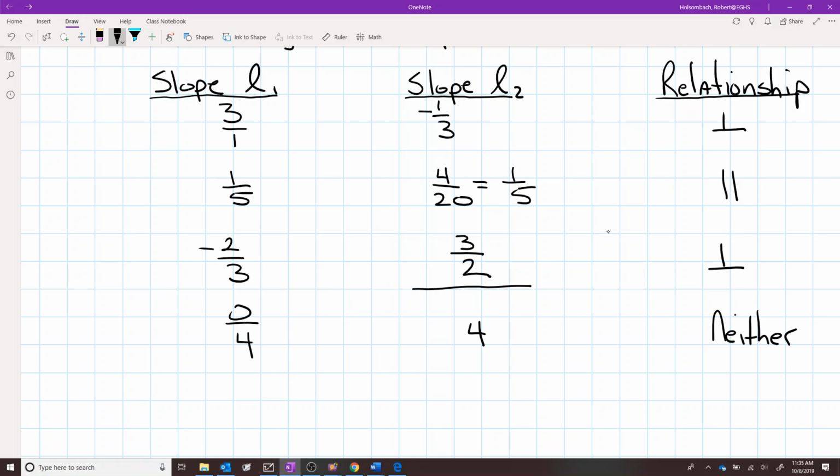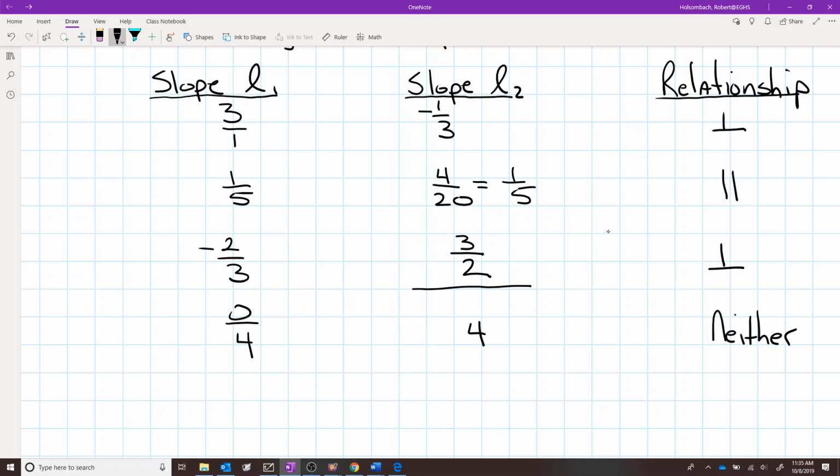Because if they're not parallel, their slopes aren't the same. And if they're not perpendicular, their slopes would not be negative reciprocals. Okay? So basically, anything other than 4 or negative 1/4, right? Anything other than 4 or negative 1/4. All right, so any questions on how to determine if the lines are parallel, perpendicular, or neither based on their slopes?